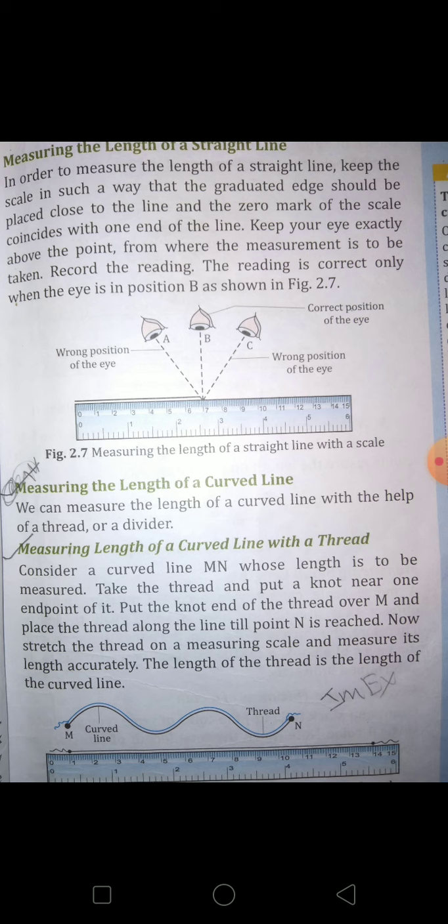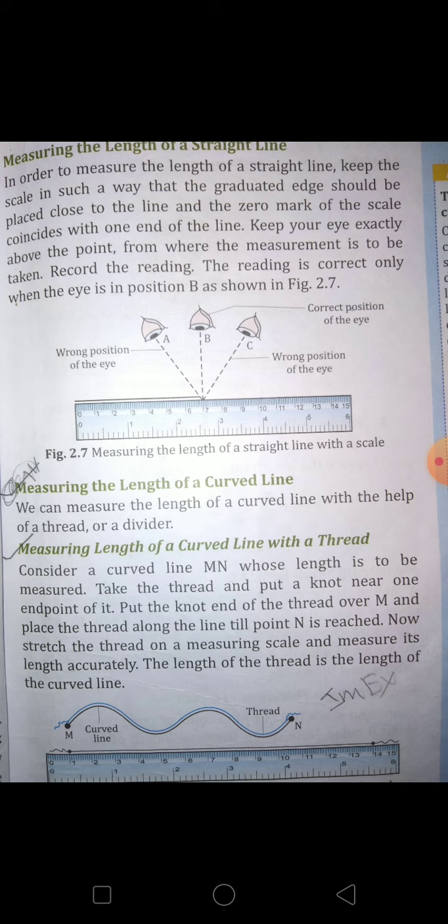In order to measure the length of a straight line, keep the scale in such a way that the graduated edge is placed close to the line, and the zero mark of the scale coincides with one end of the line. So children, first you draw a particular line by using your scale.